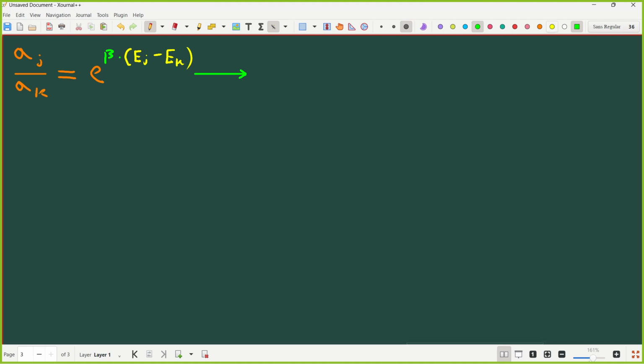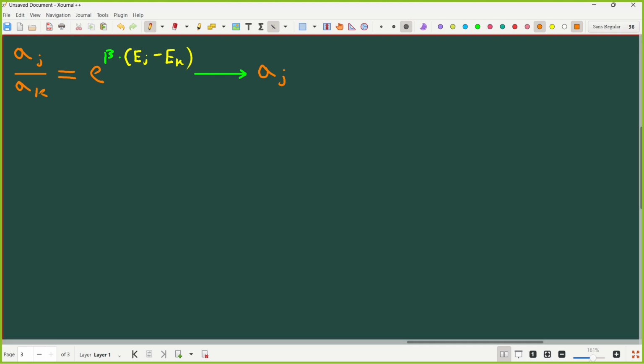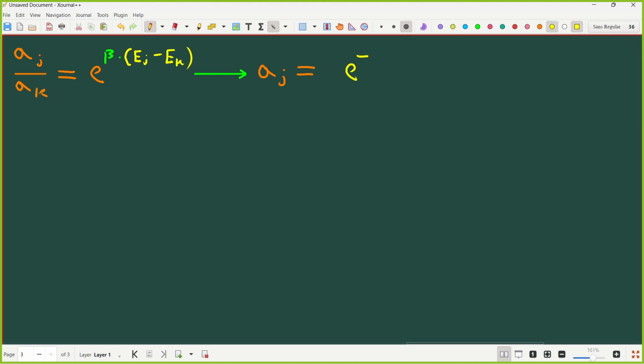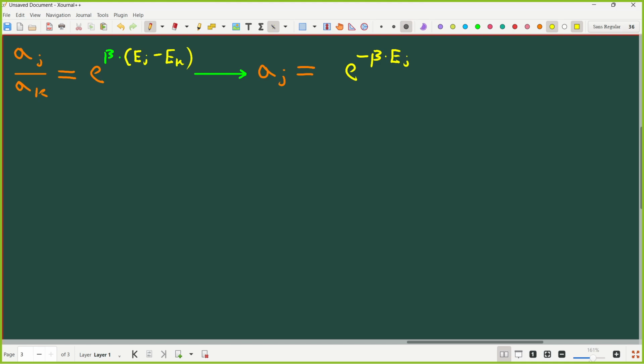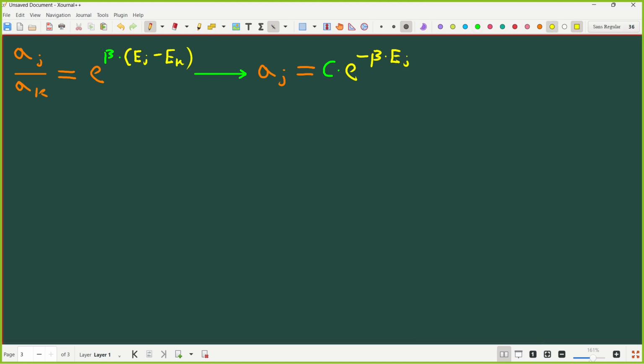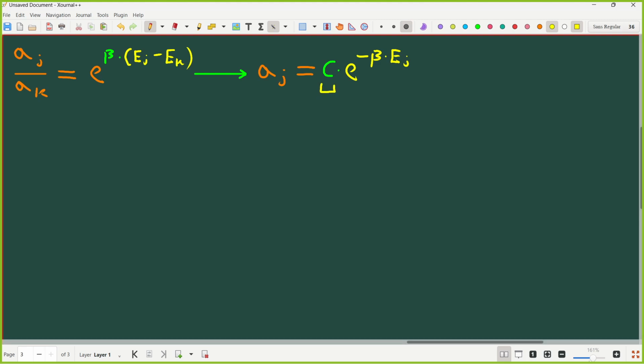You can write, therefore, just a little bit of math, by setting EK to 0, that AJ is equal to e to the minus beta times the energy of J. All right, and it needs a constant. So there is a constant on the outside that we have to determine. This is an undetermined proportionality constant.